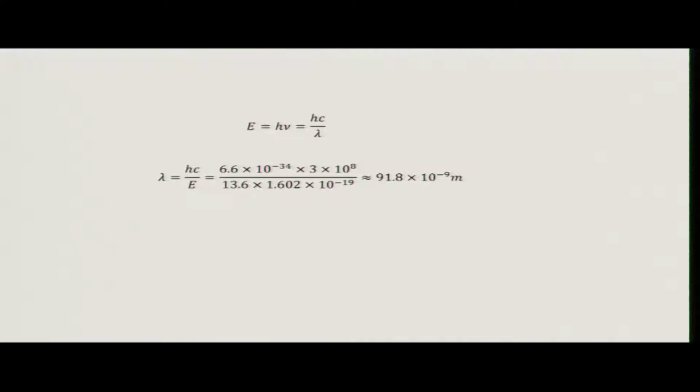Typically, if matter is involved in this, then a refractive index term will come into the picture, but as of now, if you consider the simplest possible case, then the lambda can be simply calculated in this form, which turns out to be 91.8 nanometers. And so, after this mathematics, this is what it comes out to.